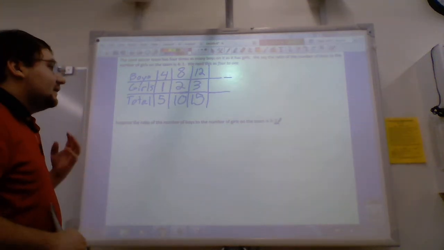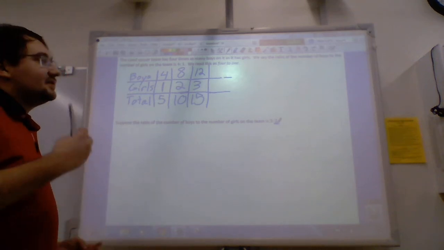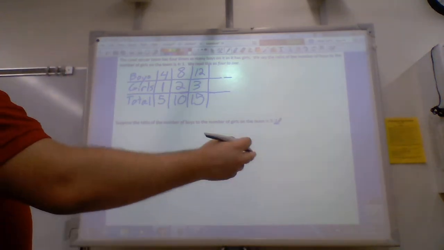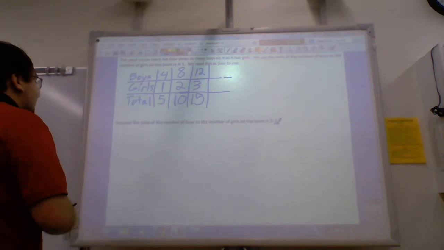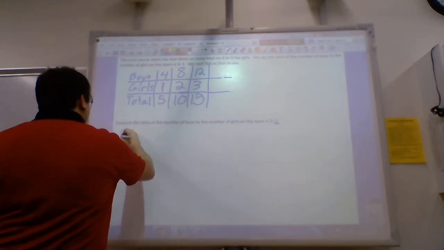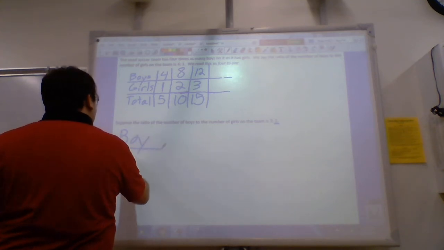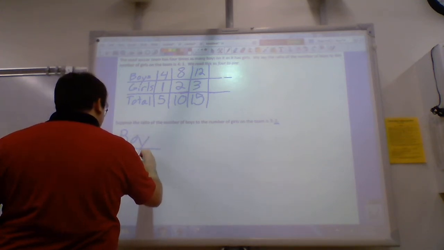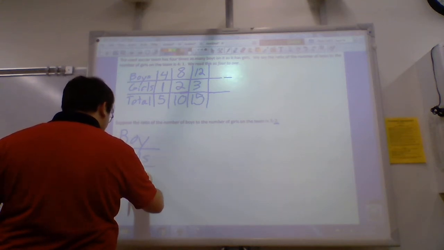We had 5 shirts to every 1 baseball hat. We had 4 boys to every 1 girl. But this time, it's 3 boys to 2 girls. So that might cause things to be a little strange. We'll do total as well.